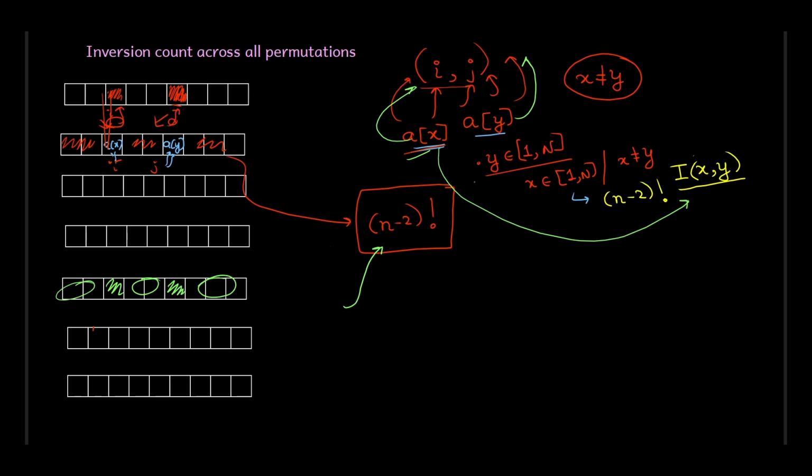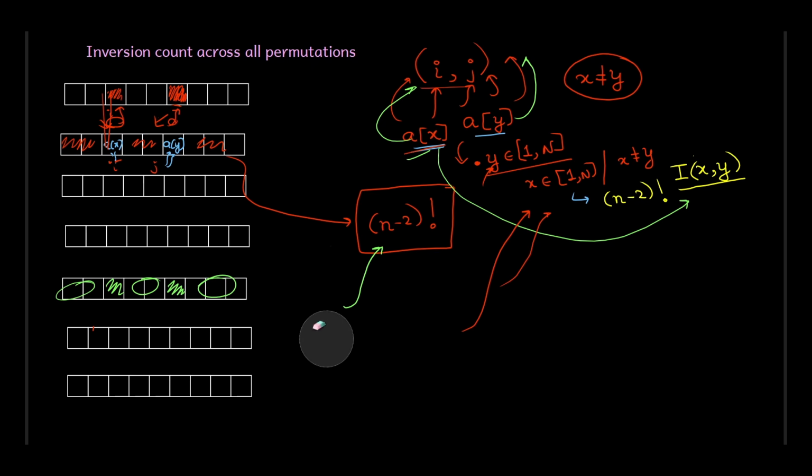So you can see that with just this simple observation you have solved the problem, because now you have counted the contribution for any fixed pair i, j, right?